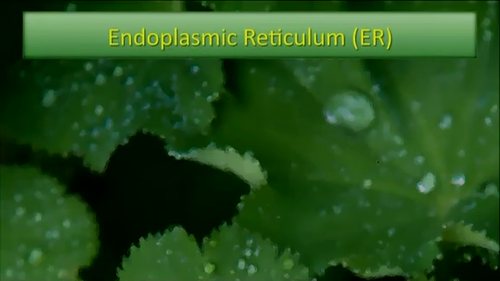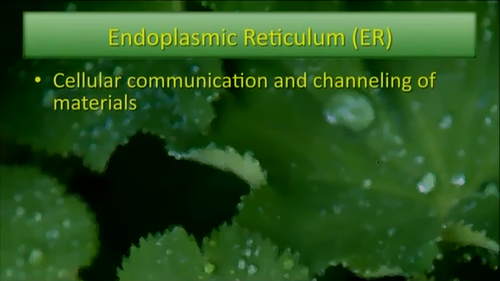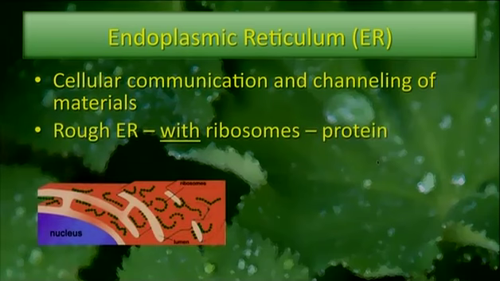Now, the endoplasmic reticulum is continuous with the nuclear membrane, and it functions in communication and channeling of materials from one part of the cell to another. There are 2 different kinds of ER. We have the rough ER that has ribosomes, these little things here representing ribosomes, usually grouped together.